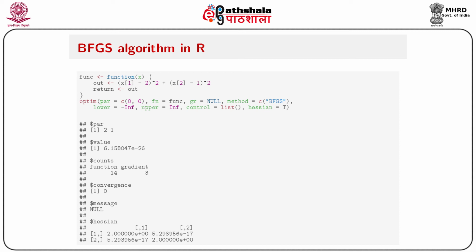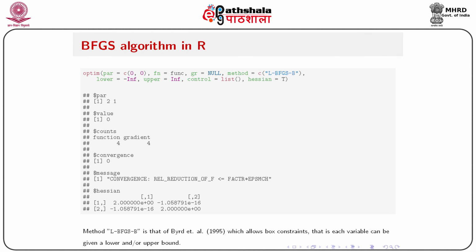So this is actually the quasi-Newton algorithm in the optim function. You can choose BFGS, and you can define lower as minus infinity, upper as plus infinity, and then you will get the actual estimate of the variable, the results.